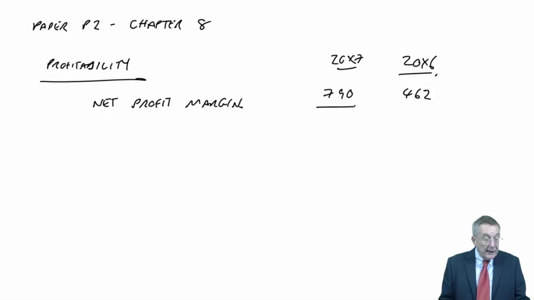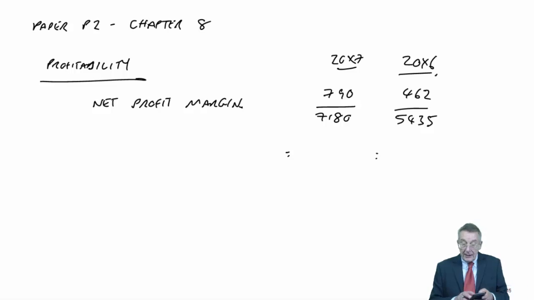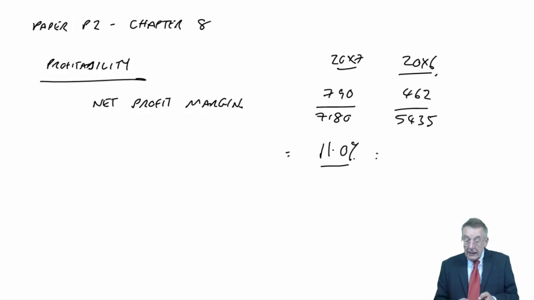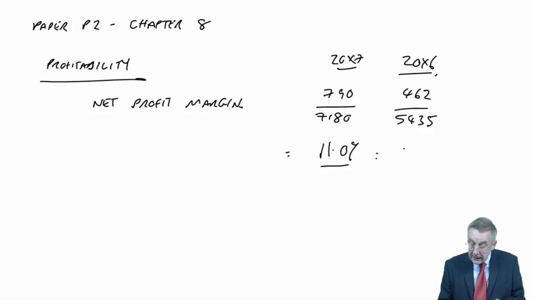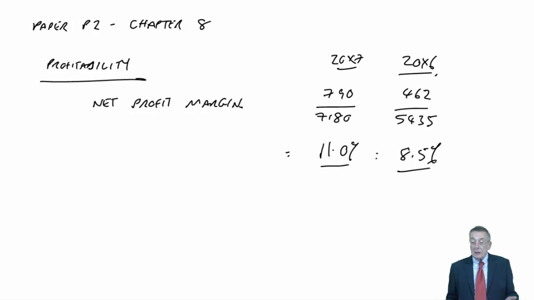The profit margin, it's that divided by the revenue. 20x7 was 7180. Previous year 5435. So as a percentage, 790 over 7180 is 11%. As against last year, 462 over 5435. Last year it was 8.5%. So I've already explained why it's more important to look at various ratios like this rather than the absolute figure.